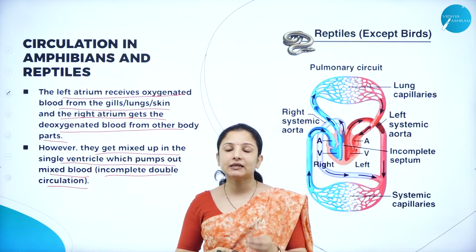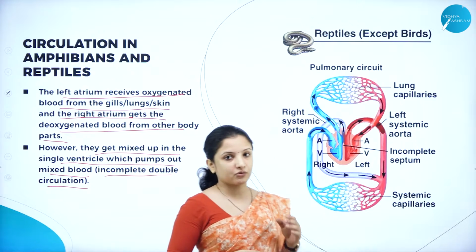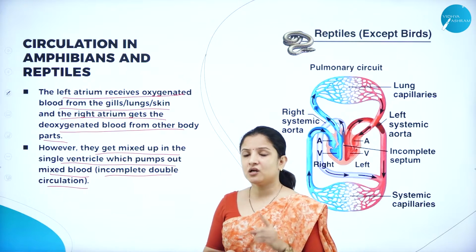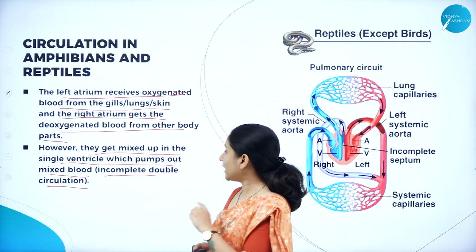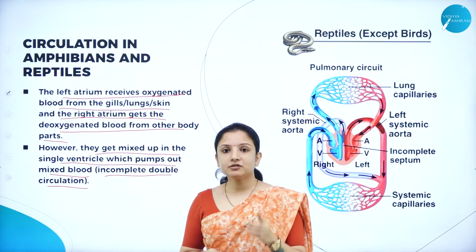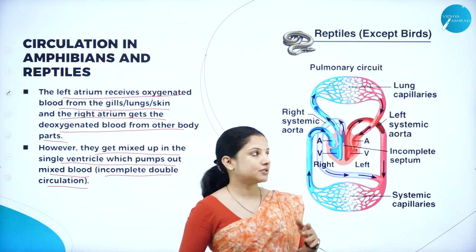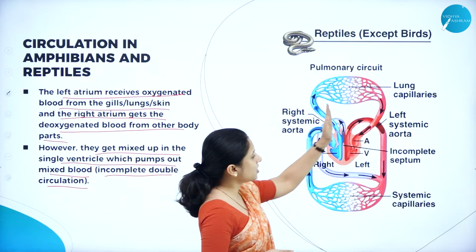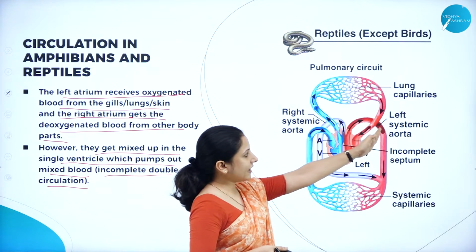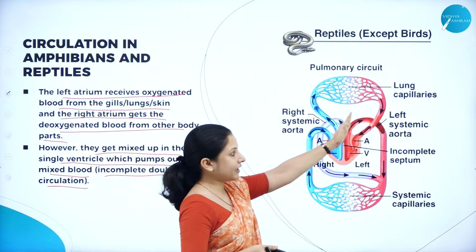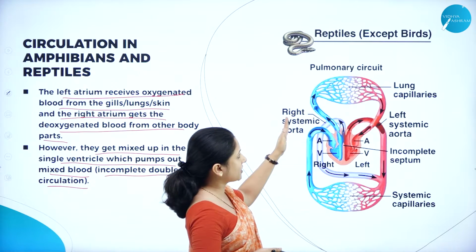They exhibit an incomplete kind of circulation. Why incomplete? Because they have only one ventricle, and because of the presence of one ventricle, the blood gets mixed up in this particular case. As you can see here, the left side is the oxygenated blood. The right side is the deoxygenated blood.